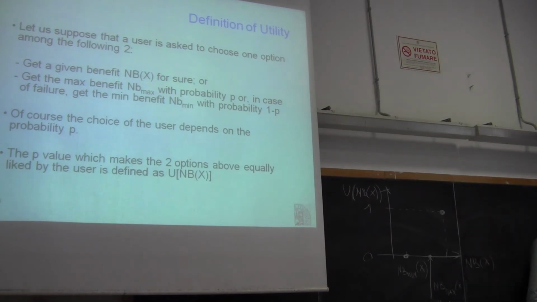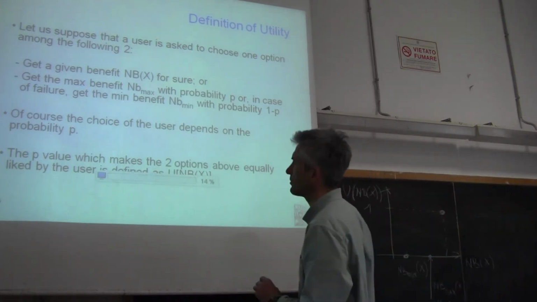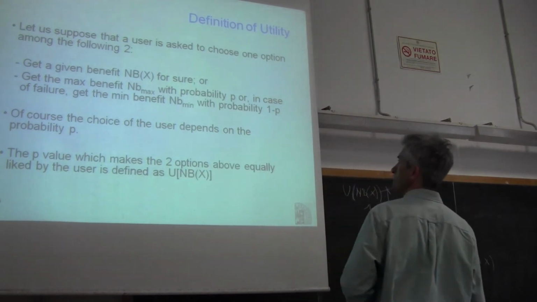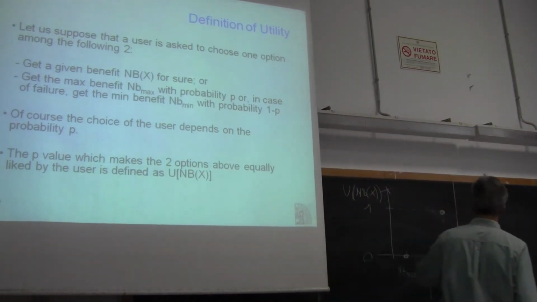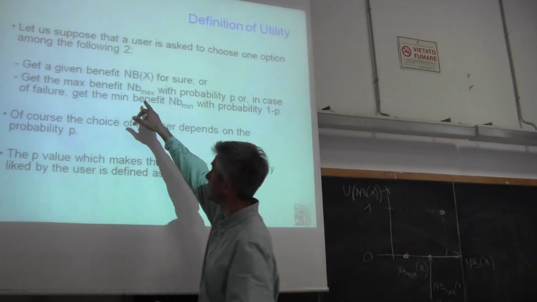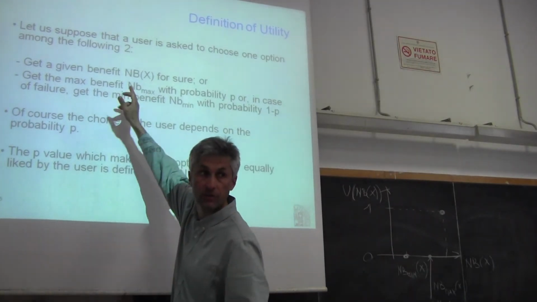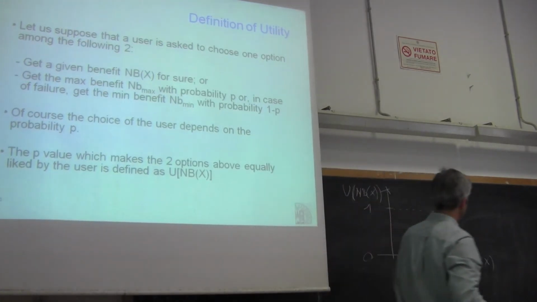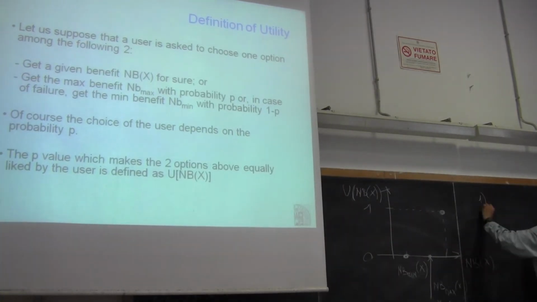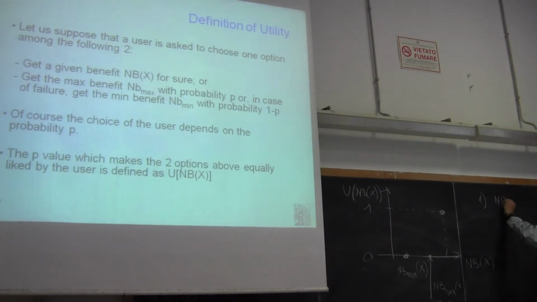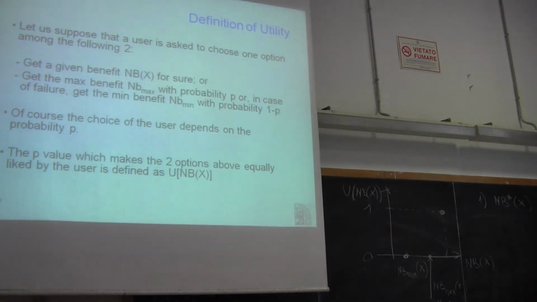Perfect. This fact can provide us a means to define utility of this benefit. In order to estimate the utility for the benefit MB star, for a generic benefit, let me refer to a situation where two events may occur. Here there is only the difference that I didn't put the star in the indication of a given benefit, but it doesn't matter. So there is a first situation in which I get the benefit MB star x.